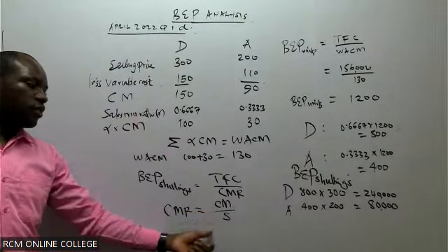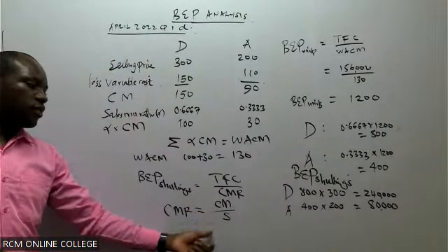For product A, we have 200. So we cannot say that because our break-even point in units is 1200, so we take 1200 and then multiply by 300. If you multiply by 300, remember, you've even included the units of A, which should be sold at 200. All of them have been included here. Whatever you're going to get here is wrong.